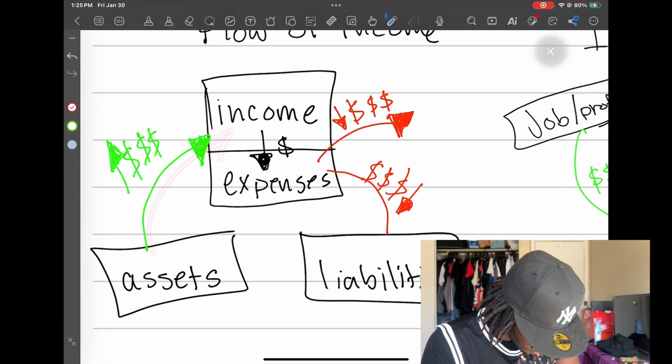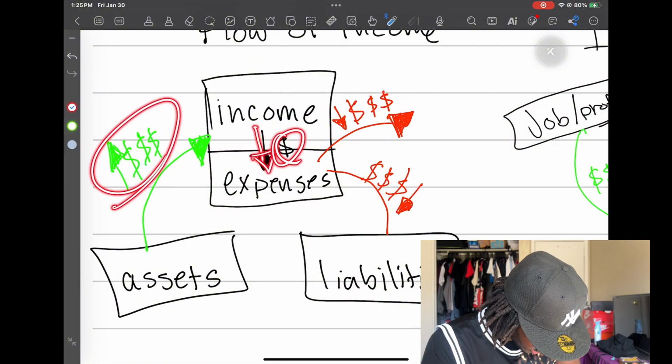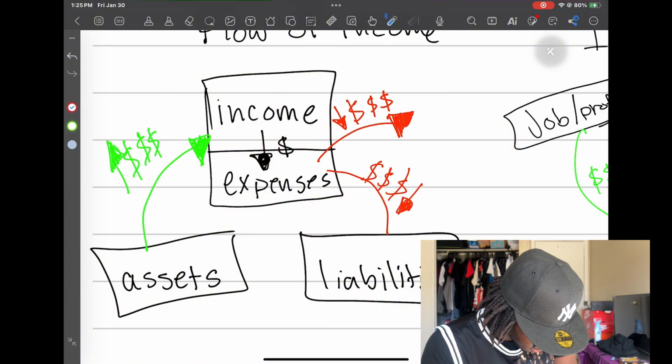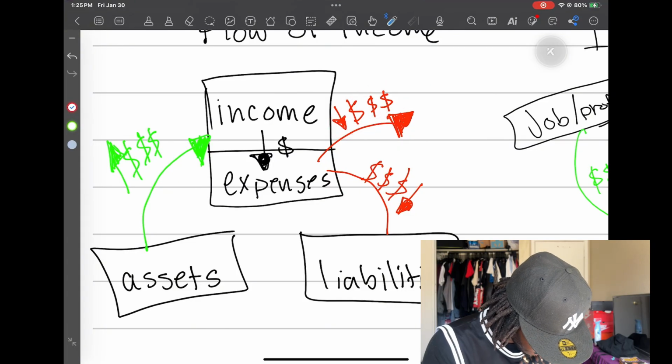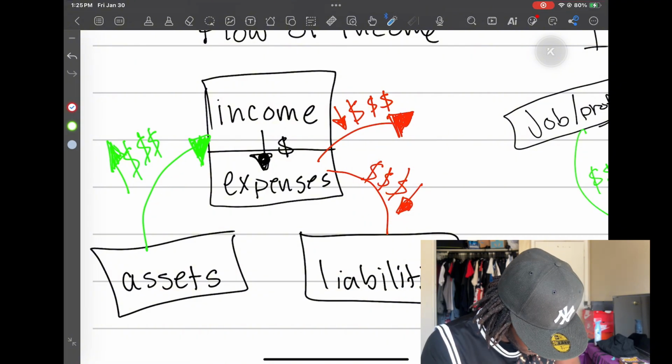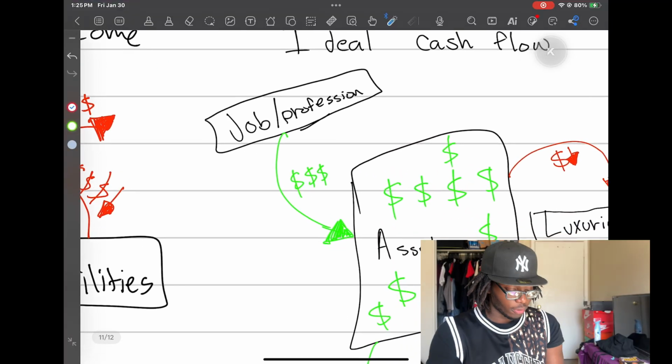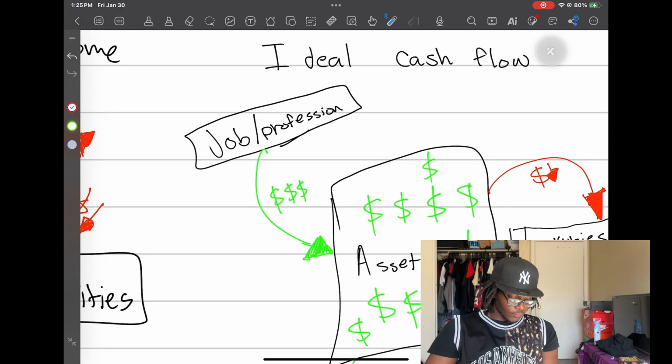And then your income goes into your expenses, which is only a little bit. This is the example of someone with a lot of bills and also a lot of income because they have no job.